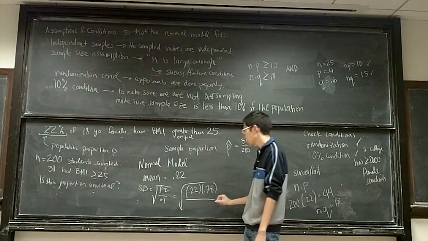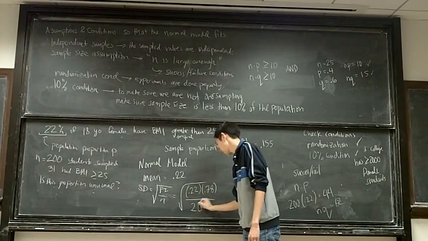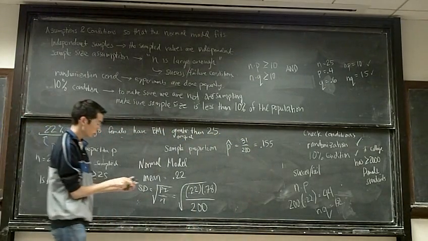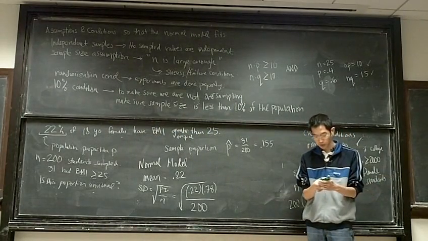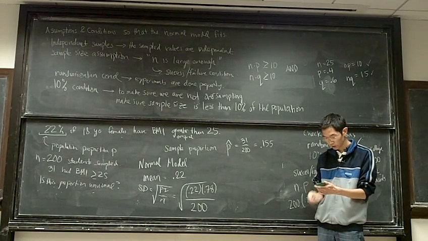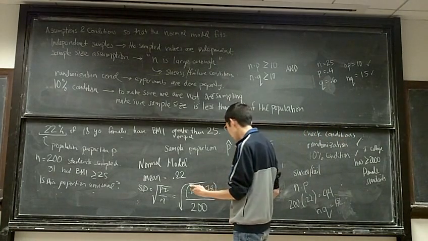And n is 200, our sample size. So we have 0.22 times 0.78 divided by 200, and then we take the square root. I'm getting 0.029.